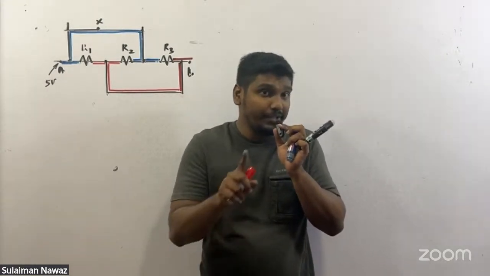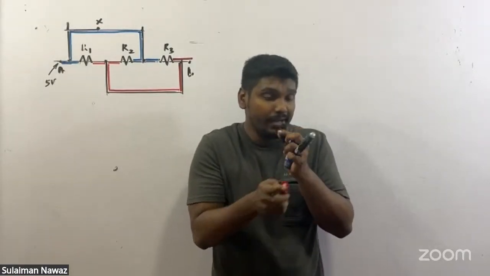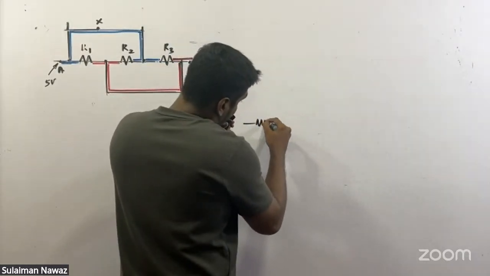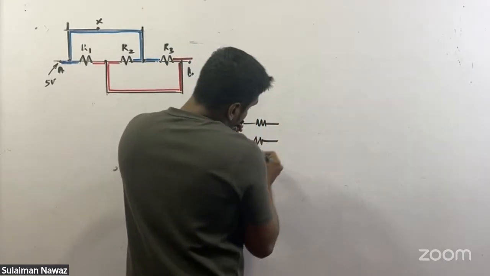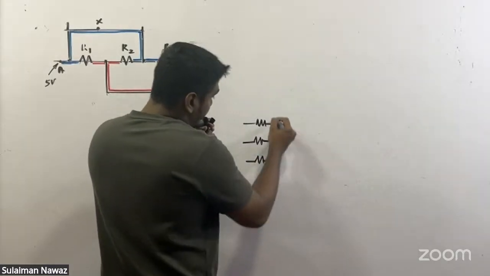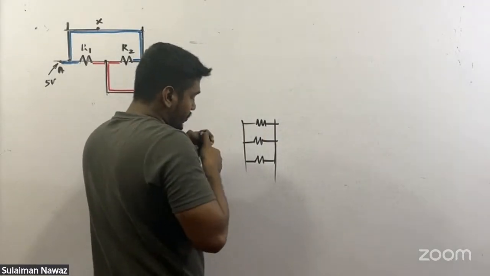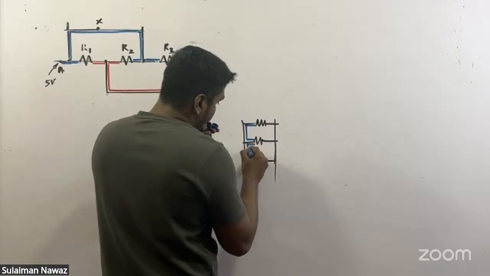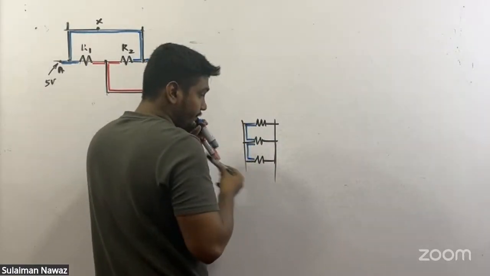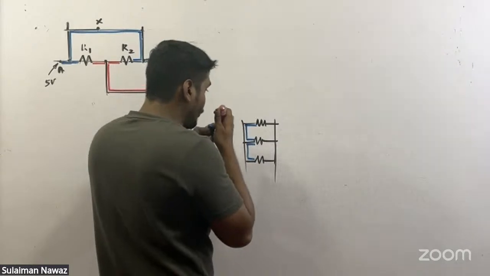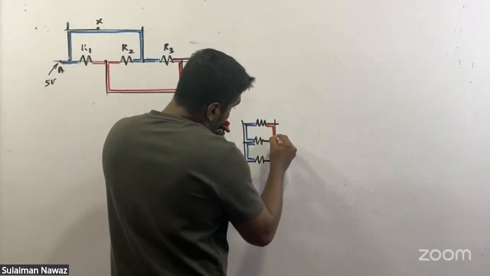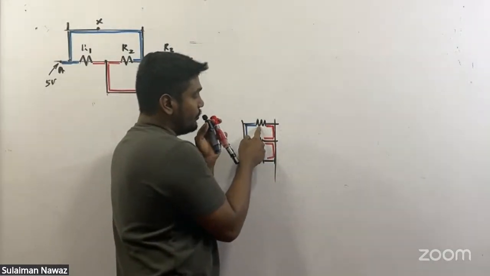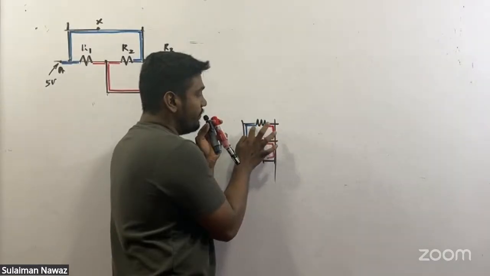I taught you one point. If the resistors are in parallel, can you remember? The potential difference across each resistor is the same. See, the terminals of this resistor are in blue and red.